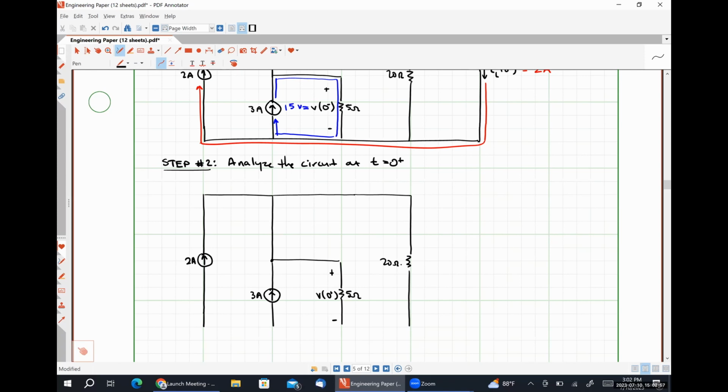Here is our 20 ohm resistor. And then we're going to replace our inductor with a current source having the same direction as IL at 0 minus, which was down, and having the same magnitude.